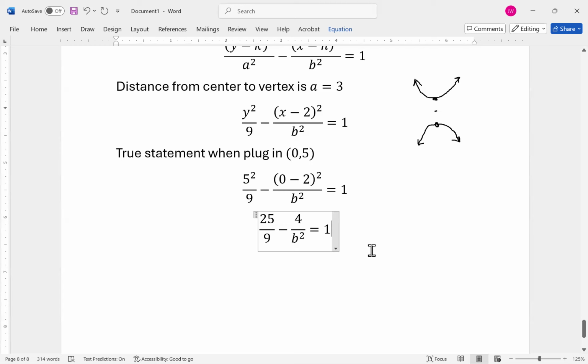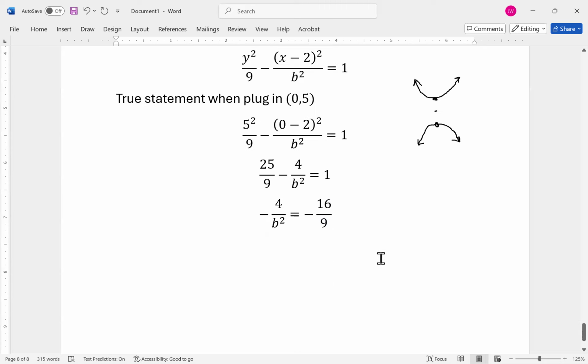Be careful when you do that. 1 minus 25 over 9 is going to be negative 16 over 9. So when you subtract 25 over 9 from both sides, you get negative 4 over b squared on the left, and on the right, you get negative 16 over 9. I messed that up before. There. And now I can solve for b.